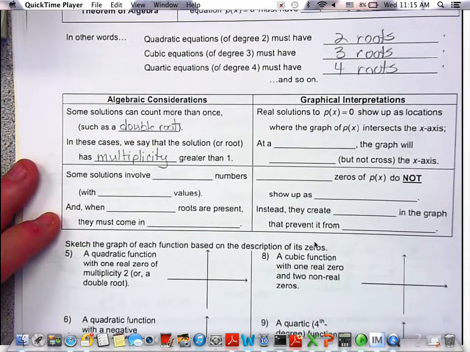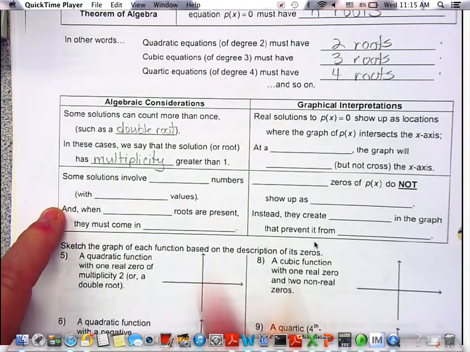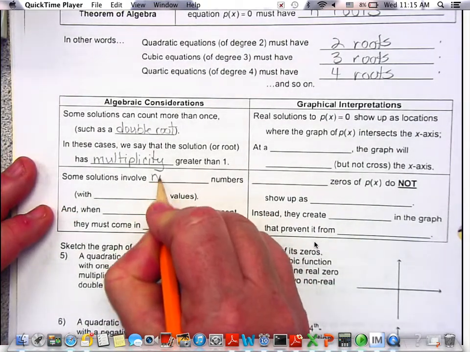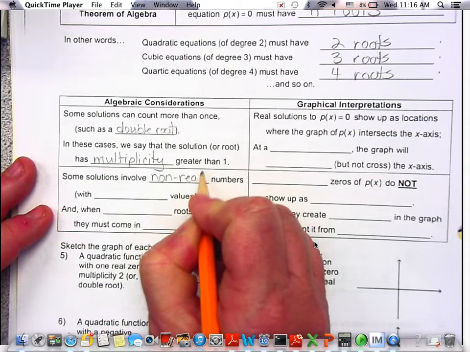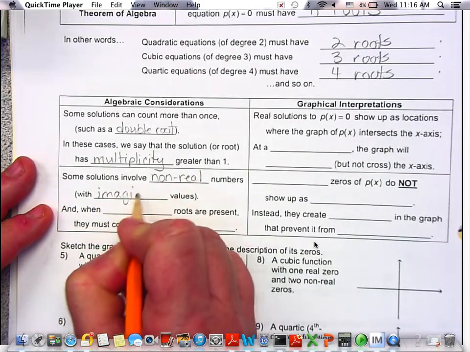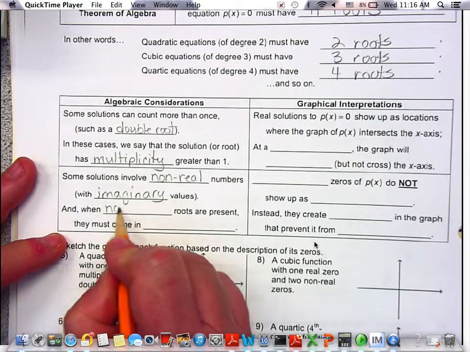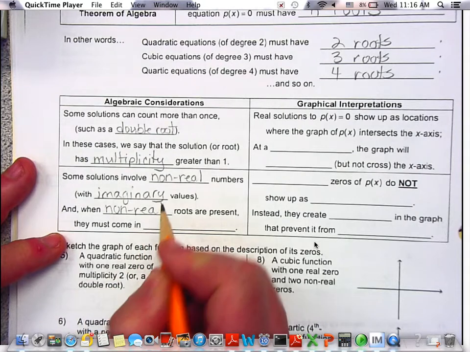Okay, and then real solutions. Oh, let's go down here. Some solutions involve non-real numbers, okay, with imaginary values. And when non-real roots are present, they must come in pairs.